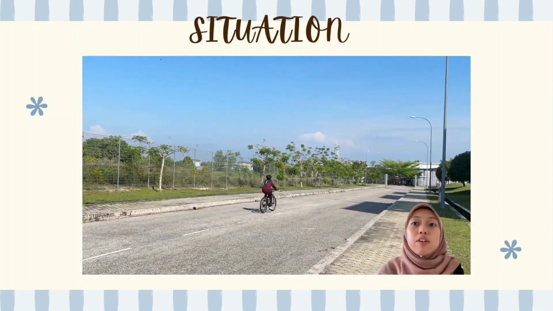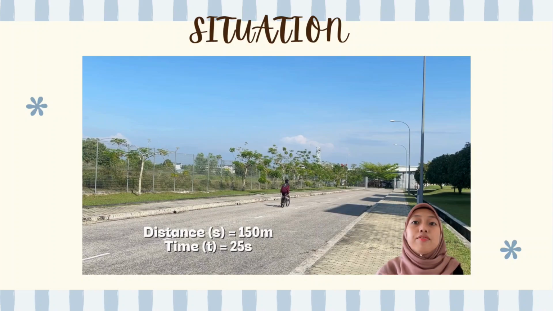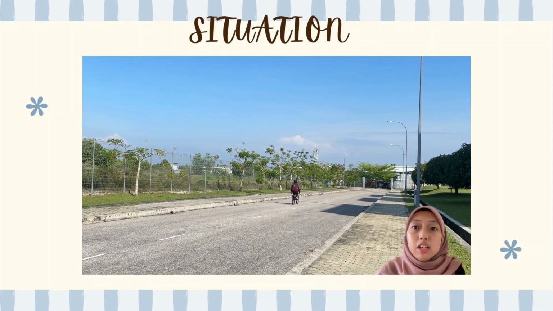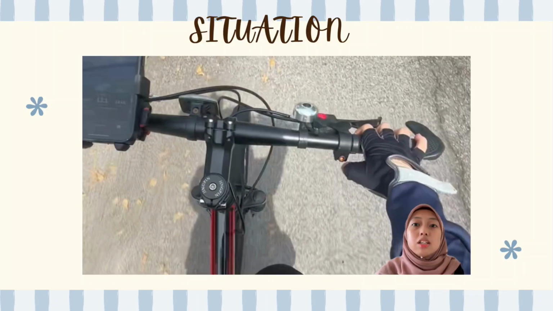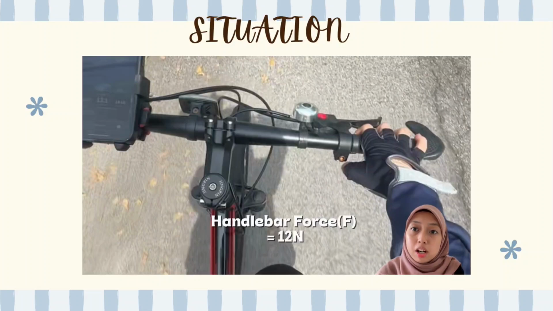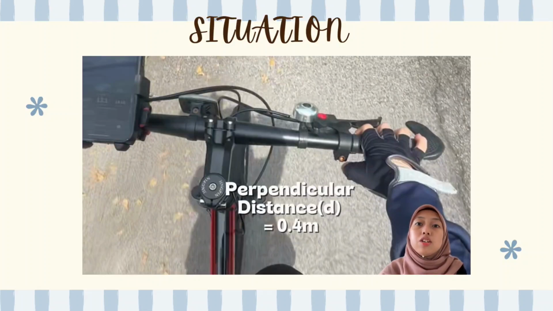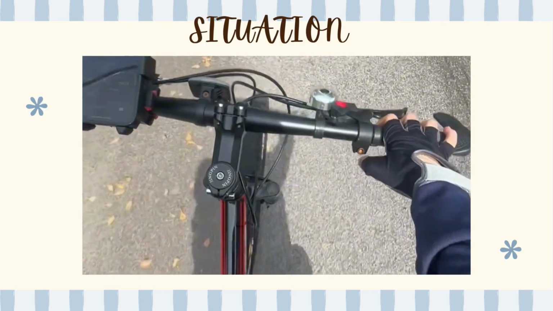The bicycle moves a total distance of 150 meters in 25 seconds. Additionally, to maintain balance and steer the bicycle, the cyclist applies a force of 12 Newton on the handlebar at a perpendicular distance of 0.4 meters from the pivot point.